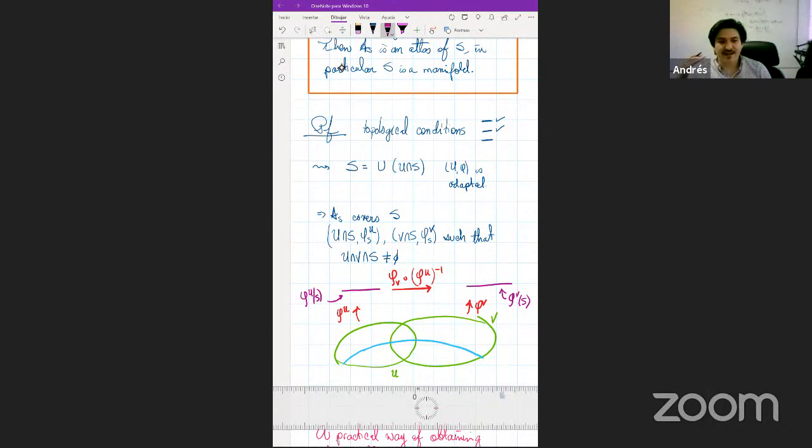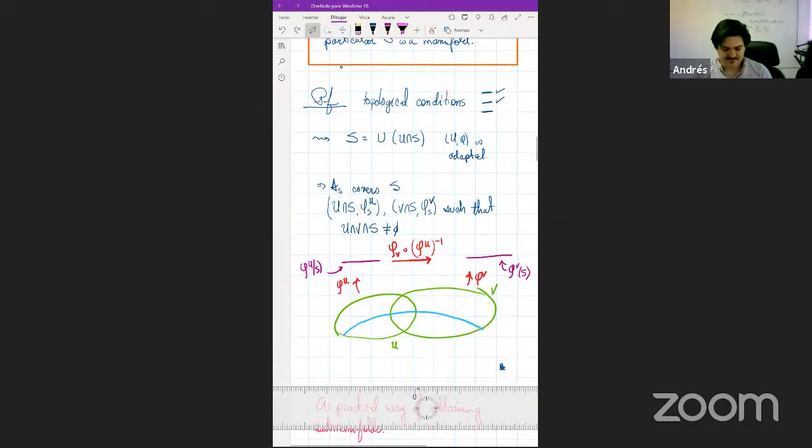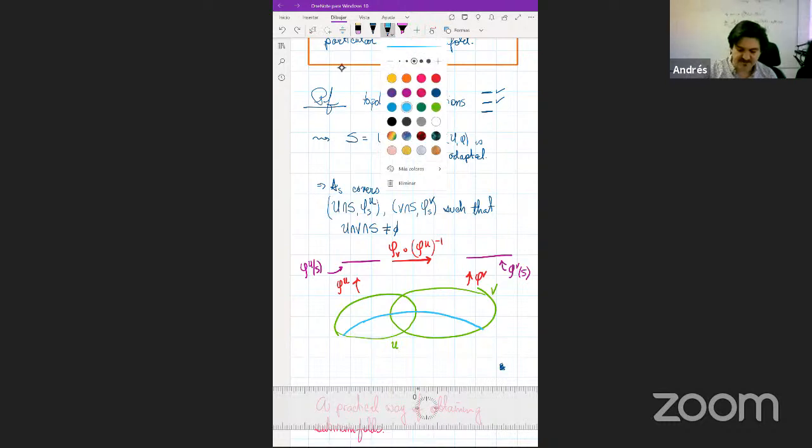And remember that that purple segment is not open, right? So it's not that you restrict this map to this and it is C infinity, because that set is not open. So you have to argue in a different way to conclude that it is C infinity. But that you can work out by yourself, how to come up with that part. Okay?